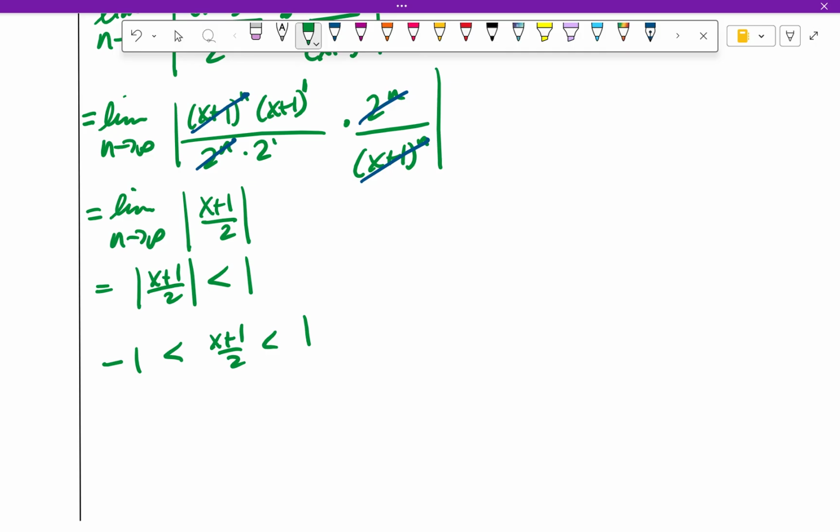So what am I supposed to do with the 2 to get the x isolated? Multiply. So both of them are going to go, -2, and then this one's going to be +2. Okay, what am I going to do with the 1? Subtract. So what's -2 minus 1? -3. And then 2 minus 1? 1.